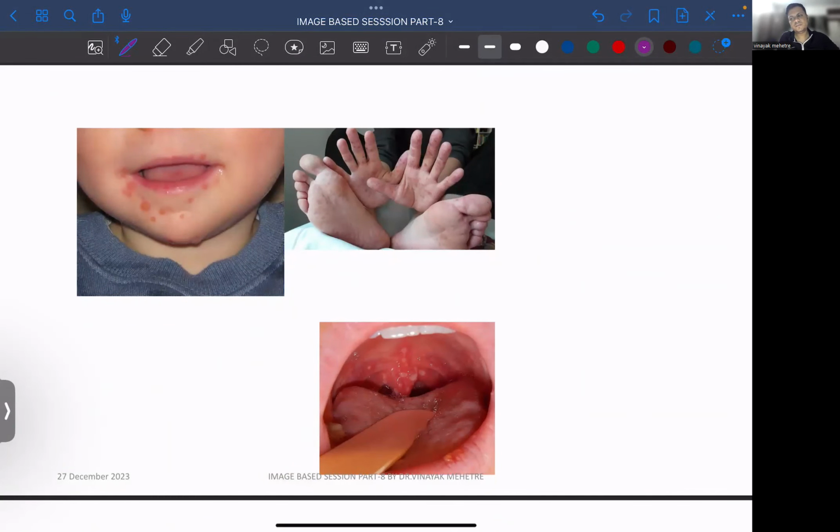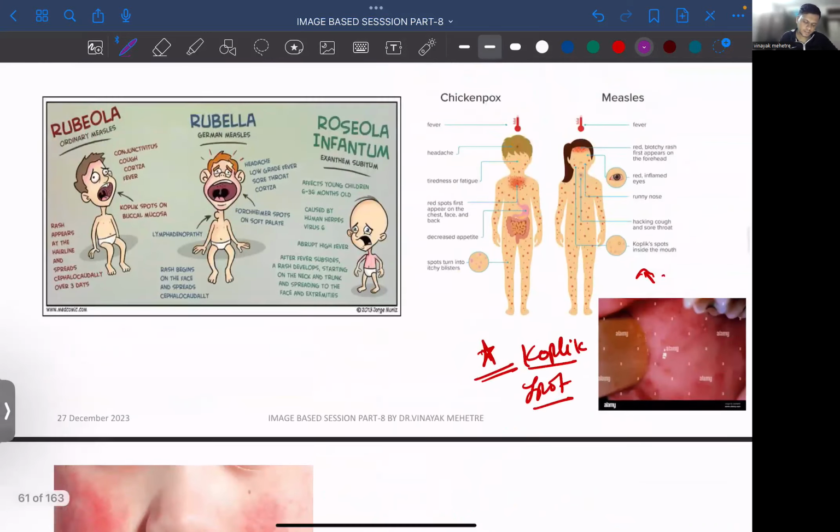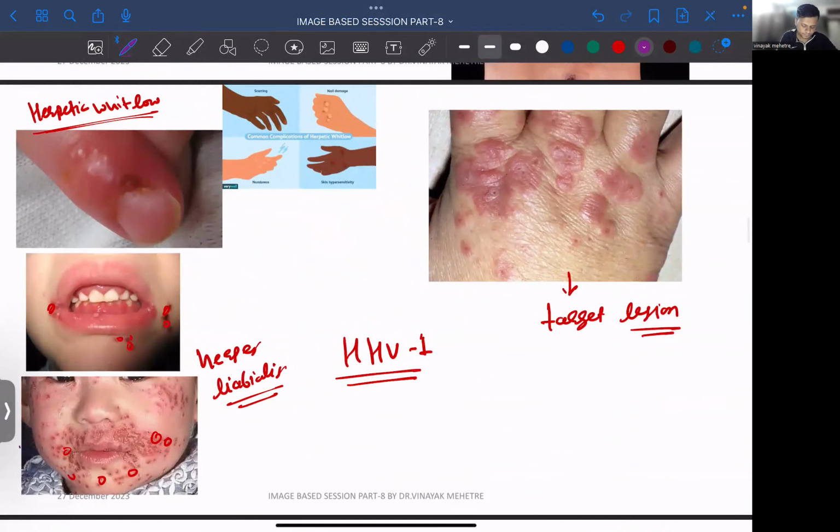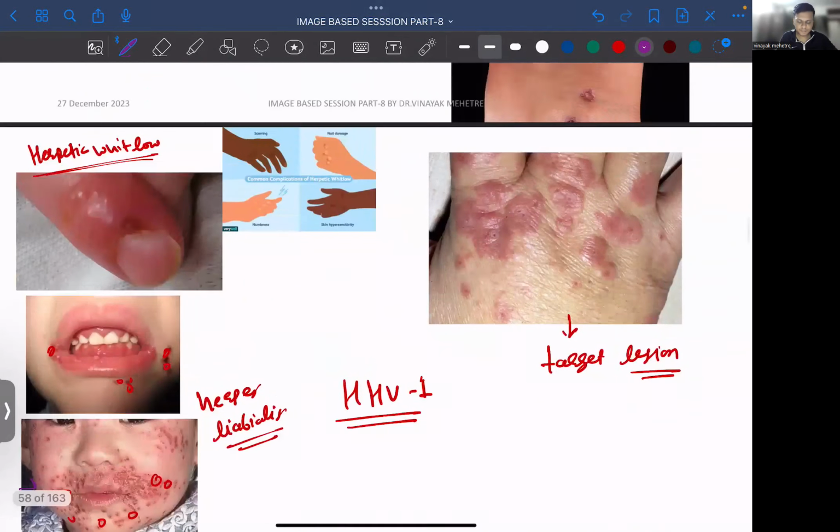A child presented with lesion on mouth, foot, okay, and hand, right? Again, do not confuse. Over here, we are going to see lesions only on mouth. Okay, mouth पे मिल रहा है, herpes labialis में, right?